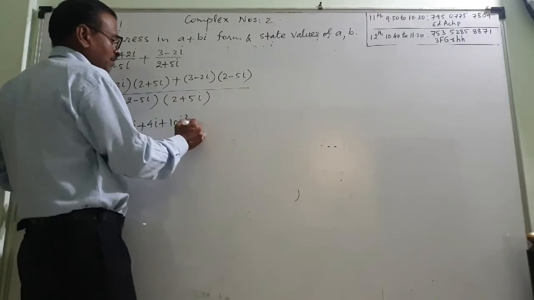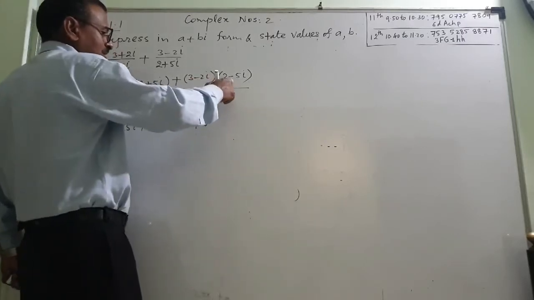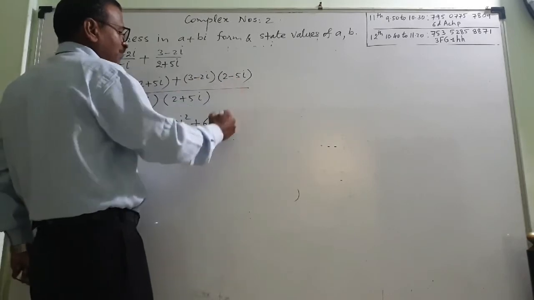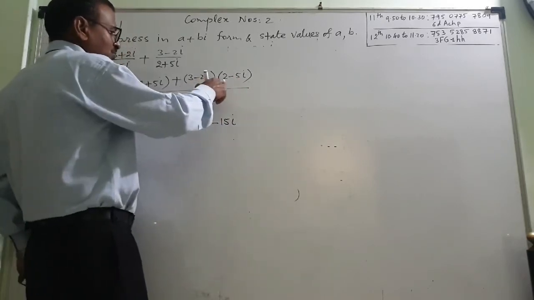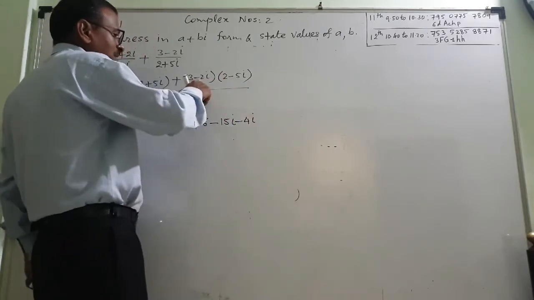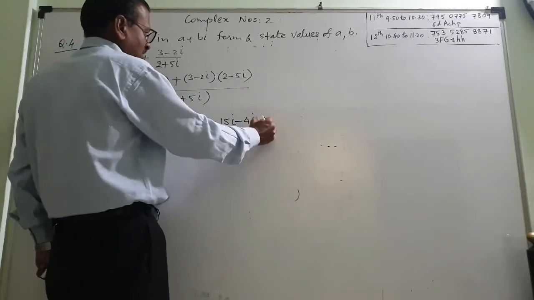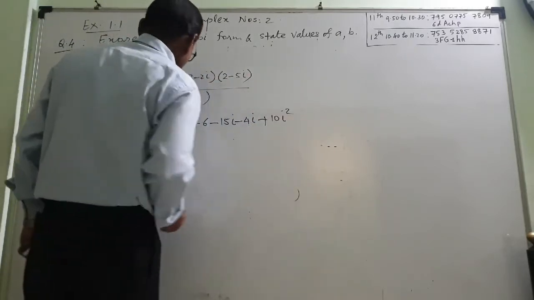Now this plus 3 twos are 6. This is minus 3 fives are 15i. Now this minus 2 into 2 is minus 4i. Now this minus into this minus is plus 5 twos are 10 i square.